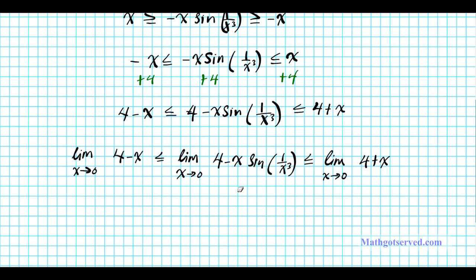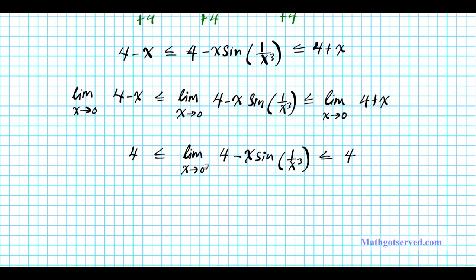Alright, so what do we notice? If you find the left and the right limits, you plug in 0 here, you have 4 minus 0, which is 4. So 4 is less than or equal to the limit as x approaches 0 of 4 minus x sine 1 over x to the third, less than or equal to, if you plug in 0 here by substitution, you also get 4. So this limit, which is the original problem, is between 4 and 4.